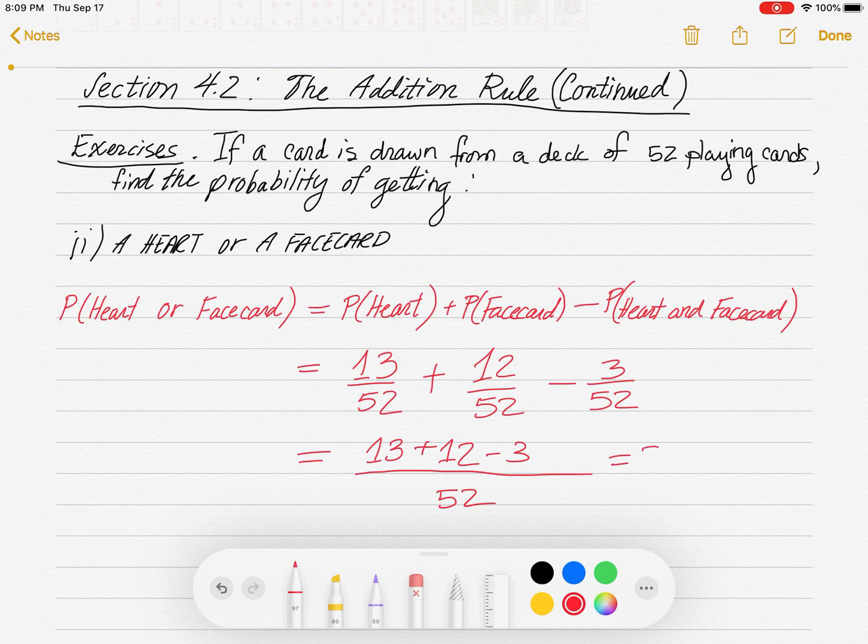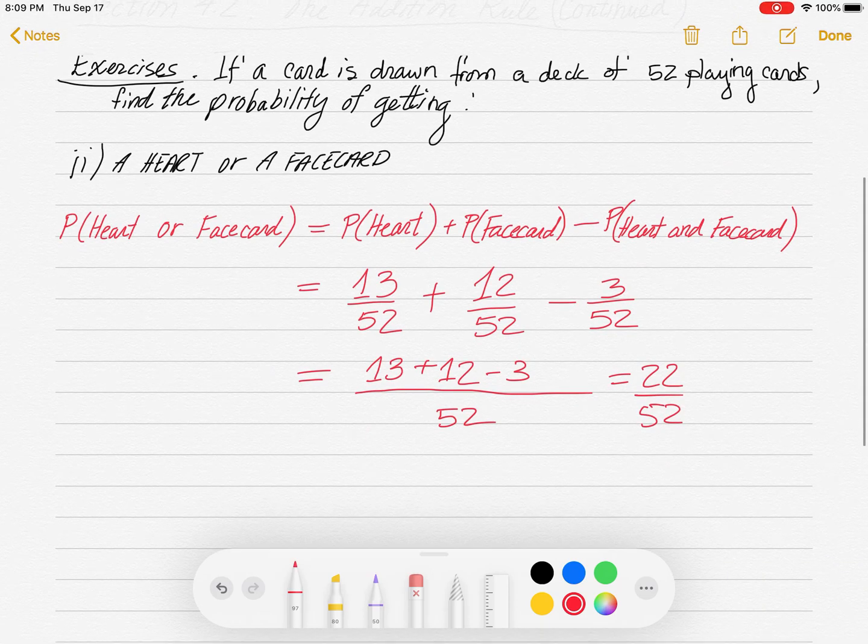That's 22 out of 52. That's our probability as a fraction, but we want its decimal representation. 22 divided by 52, rounded to 3 decimal places, is 0.423.